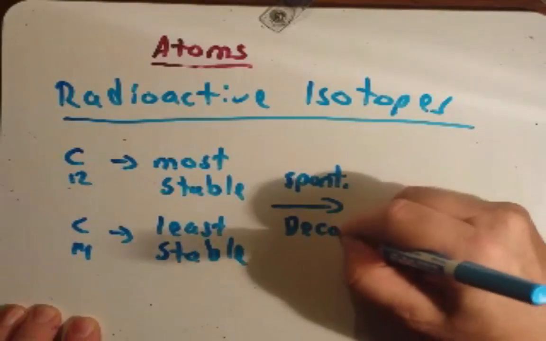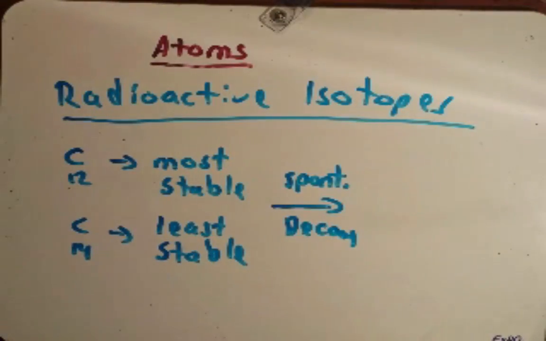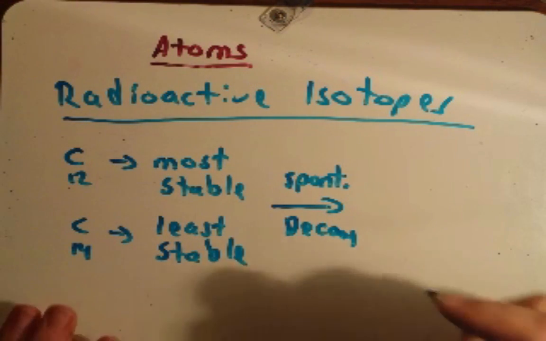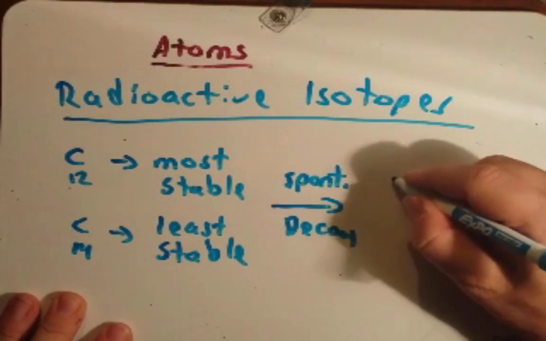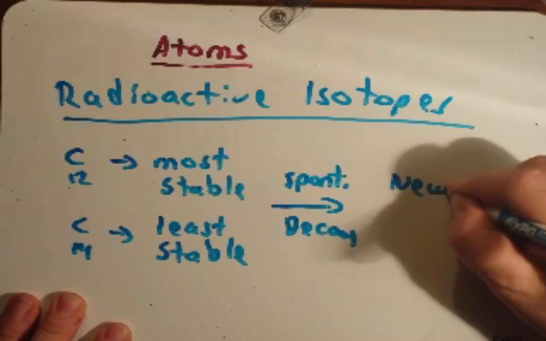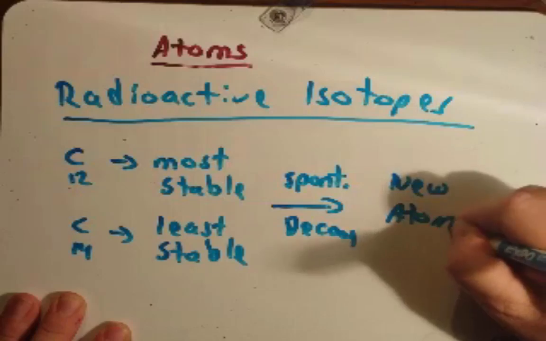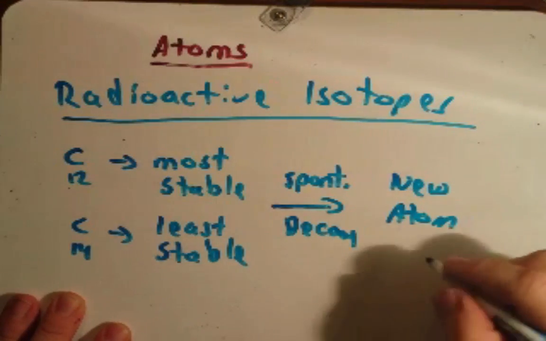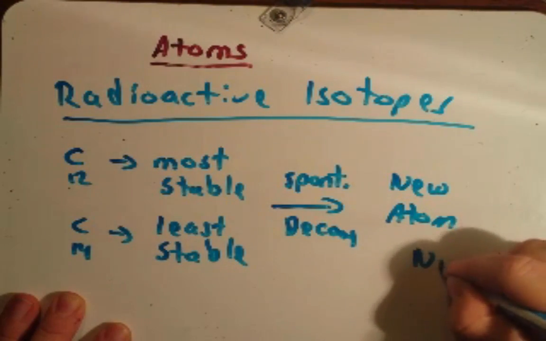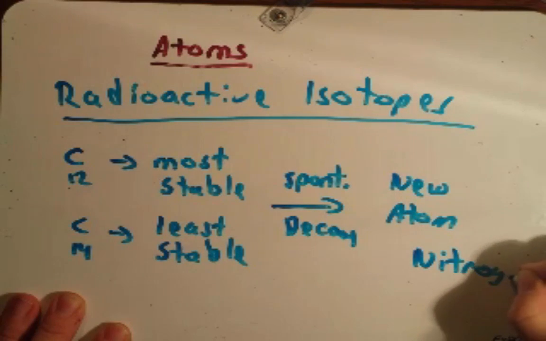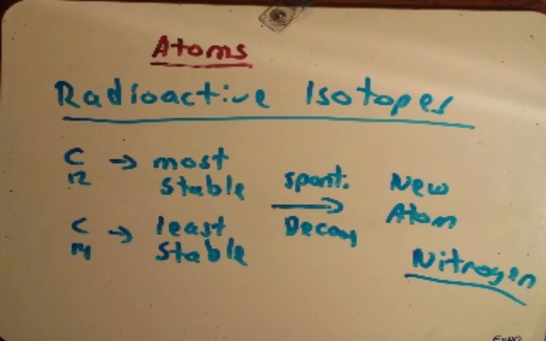Just over time, the stability of these atoms changes, and they begin to lose protons. When that happens, we will see a new atom. Carbon-14 often decays to nitrogen, another element. That's all you need to know about radioactive isotopes.